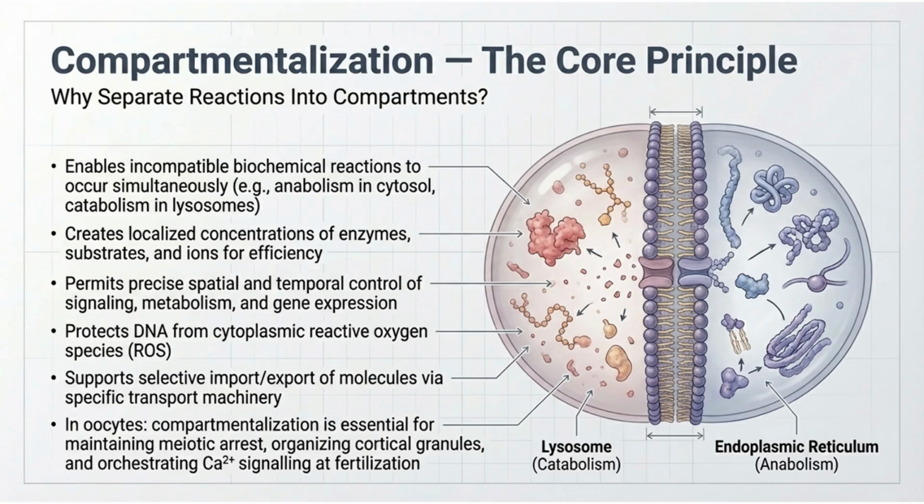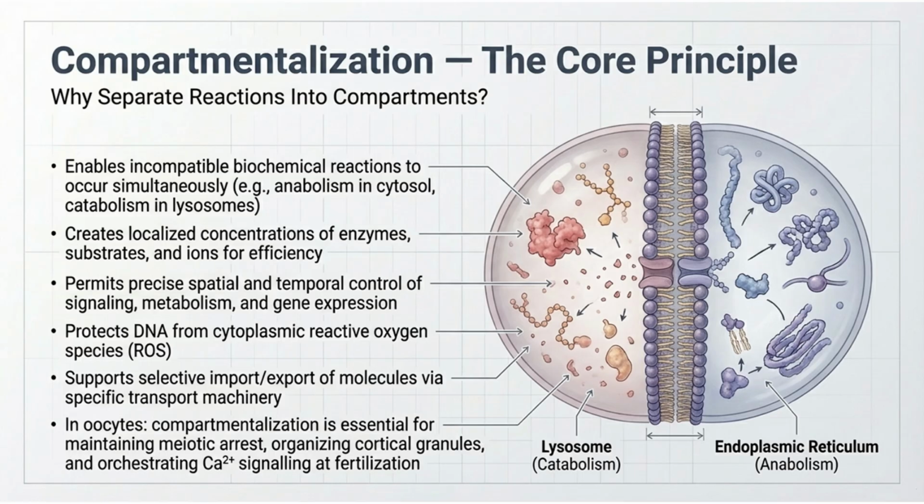The second reason is concentration optimization. Each compartment can maintain the precise local concentrations of enzymes, substrates, ions, and cofactors required for its specific reactions. Mitochondria, for example, maintain a steep proton gradient across their inner membrane. Without that confined space, the gradient simply could not be sustained and adenosine triphosphate production would fail. Third, compartmentalization enables precise spatial and temporal control of signaling.